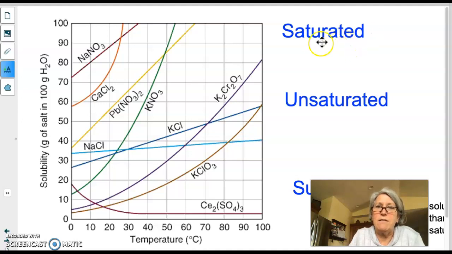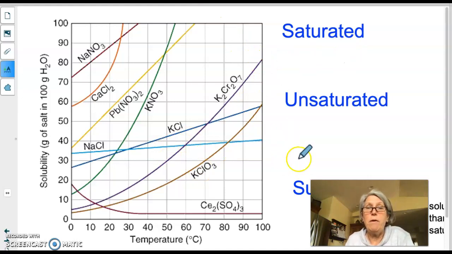I know I don't have this written here, but you should write this down. A saturated solution is the maximum amount of solute that can be dissolved in a given amount of solvent at a given temperature. And what we know about it is that it is clearly a point on the line.